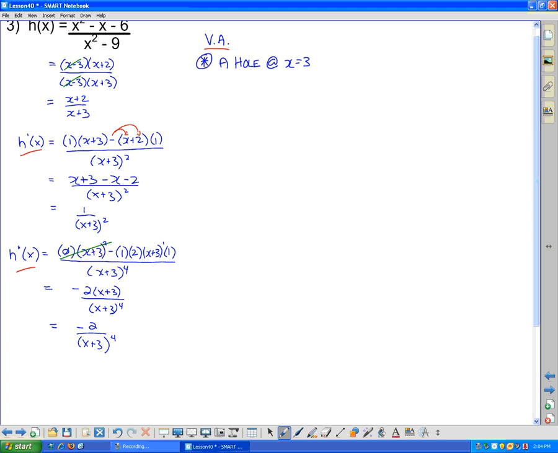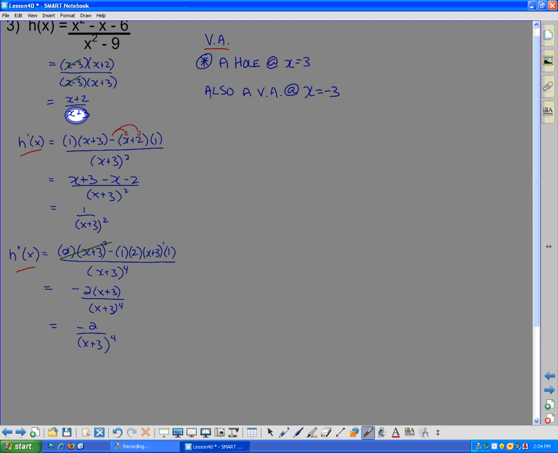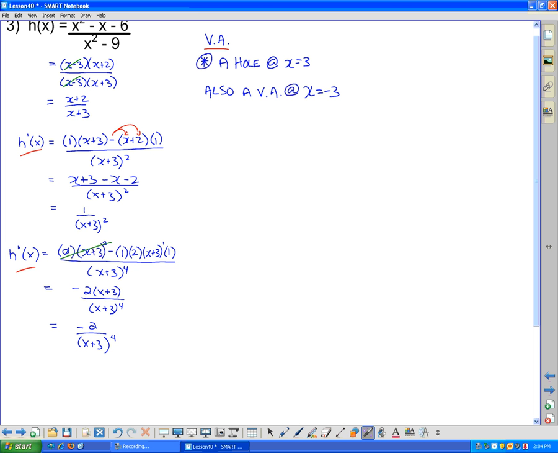Vertical asymptote then, also a VA, vertical asymptote at x equals negative 3. And that comes from the remaining denominator. So we have a hole and a vertical asymptote in this particular graph.